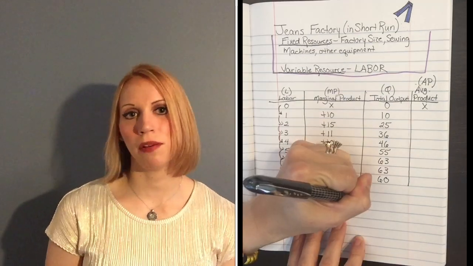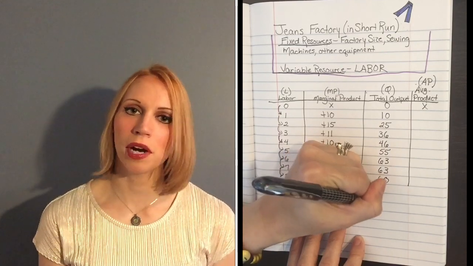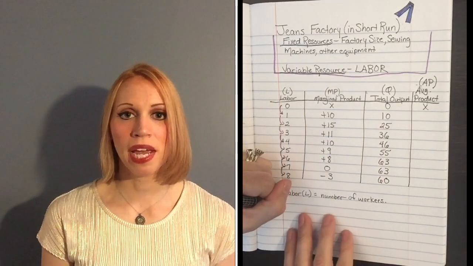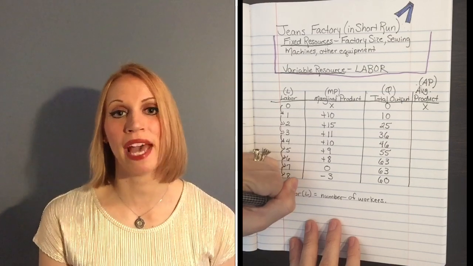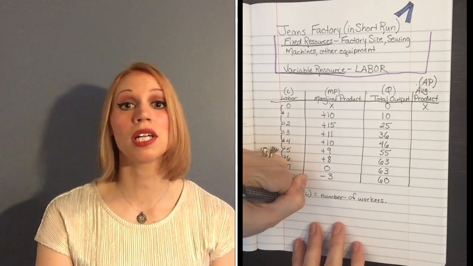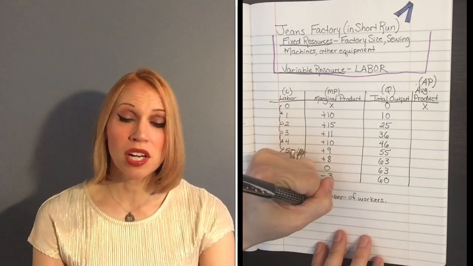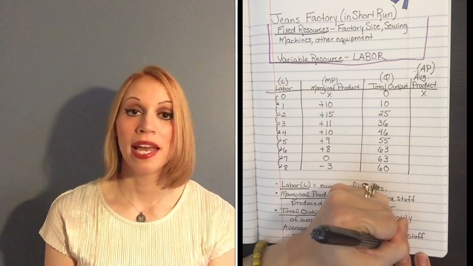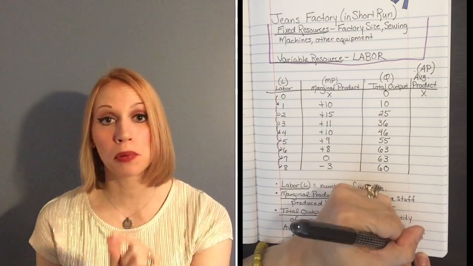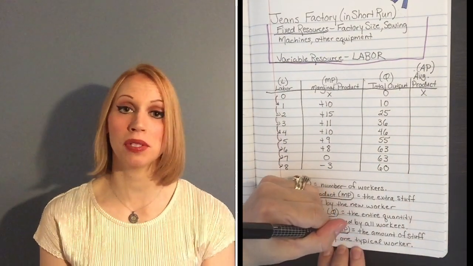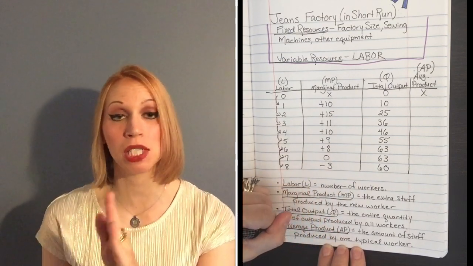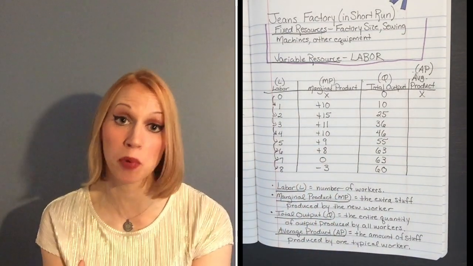So look at the columns that we have in this chart. These are our productivity terms. First, we have the number of workers we have working for us. That is our labor. We abbreviate that with L. The extra stuff added by hiring a new worker is called marginal product, or sometimes some books call it marginal physical product or marginal productivity.